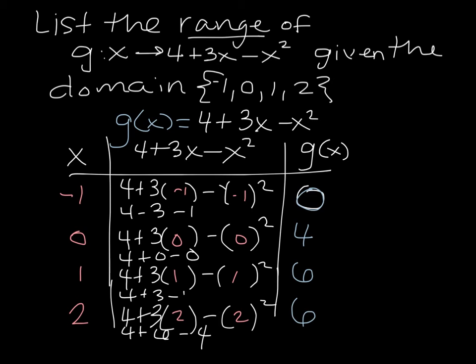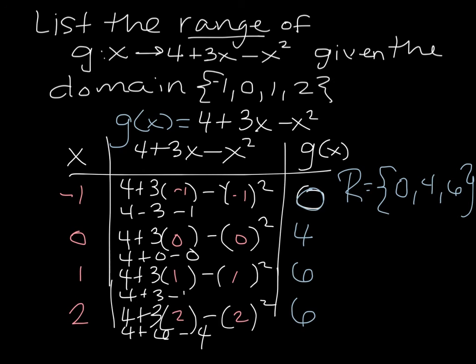So now I've got all 4 of my output values, and I'm going to write my range. I'm going to say range equals, then put it in set notation, which is that curly bracket. I'm going to list all these numbers. So I've got a 0, 4, and a 6. Now the 6 is listed twice, but I don't have to list it twice, because this is like when we were matching the name and the immersion trip.